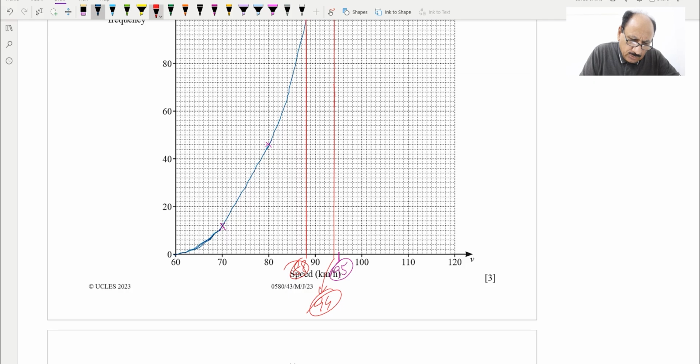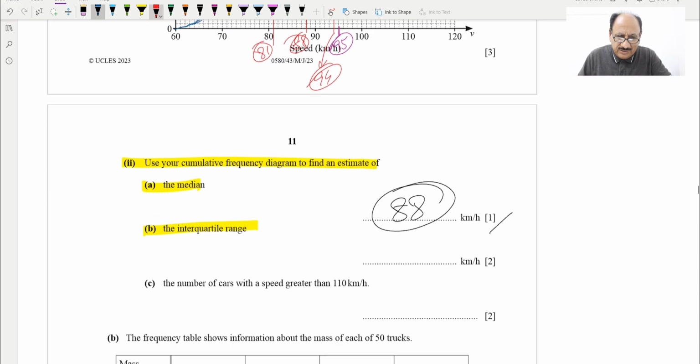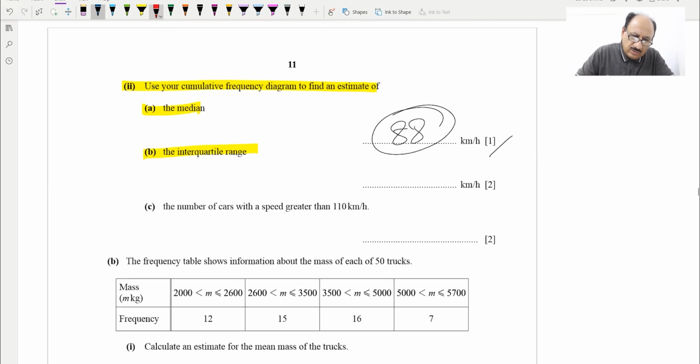So 1, 2, 3, 4, 5, so this will be 50 reference, and if we go up to our cumulative frequency curve, this is like 82, 81 basically, because this is 1 mark, so 81.